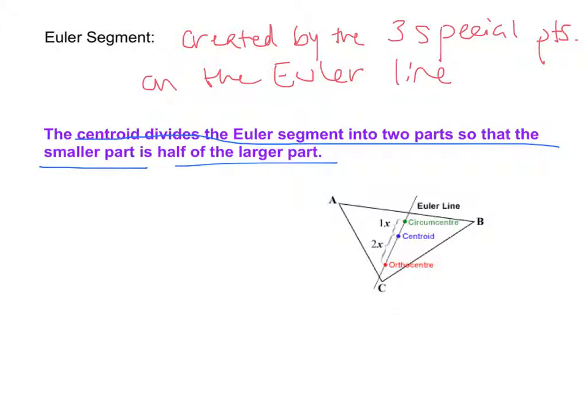As we can see here, the distance from the circumcenter to the centroid is going to be half of the distance from the centroid to the orthocenter. This is a rule that is always going to be true regardless of the triangle, and that you can use in geometry.